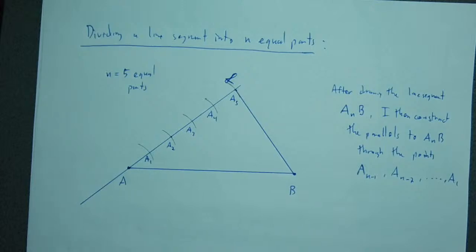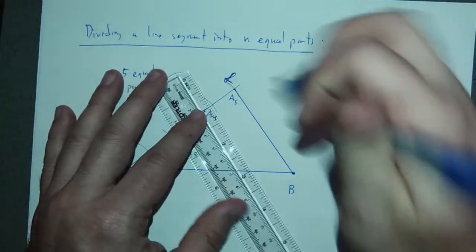All right. I construct those parallels. They intersect AB. How do they do that?